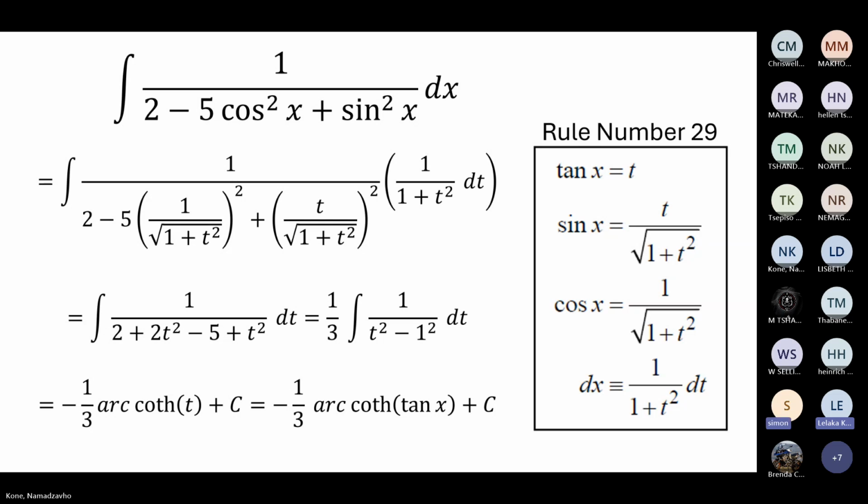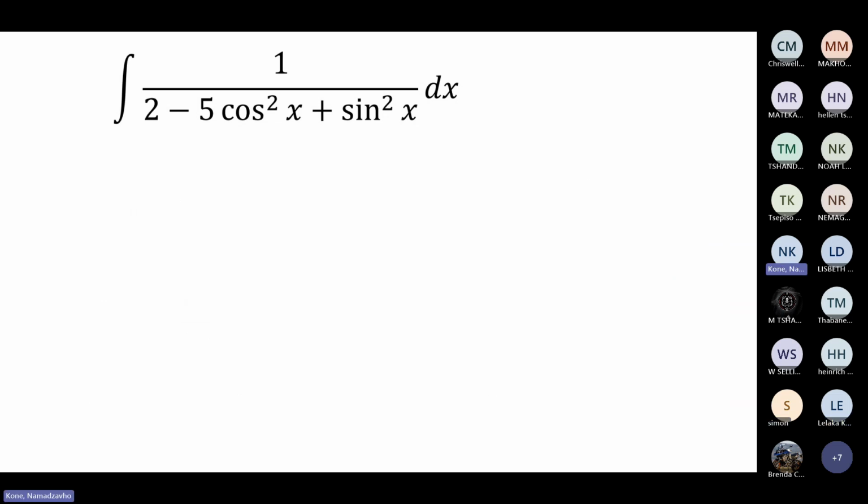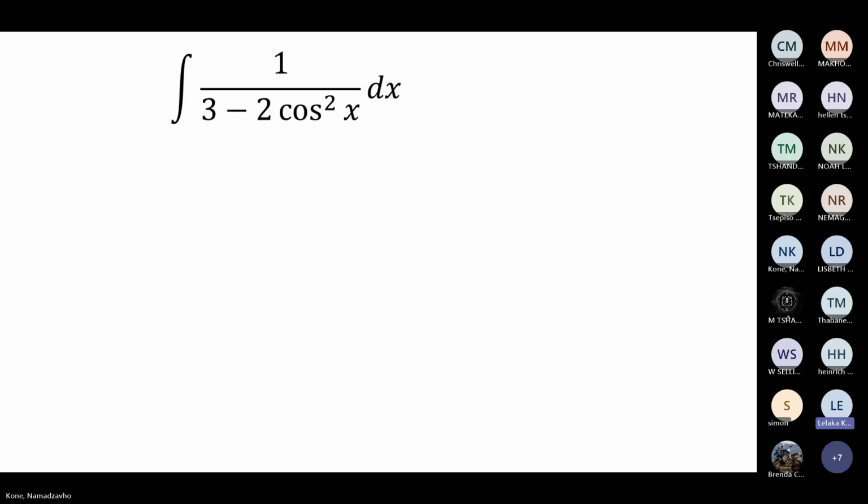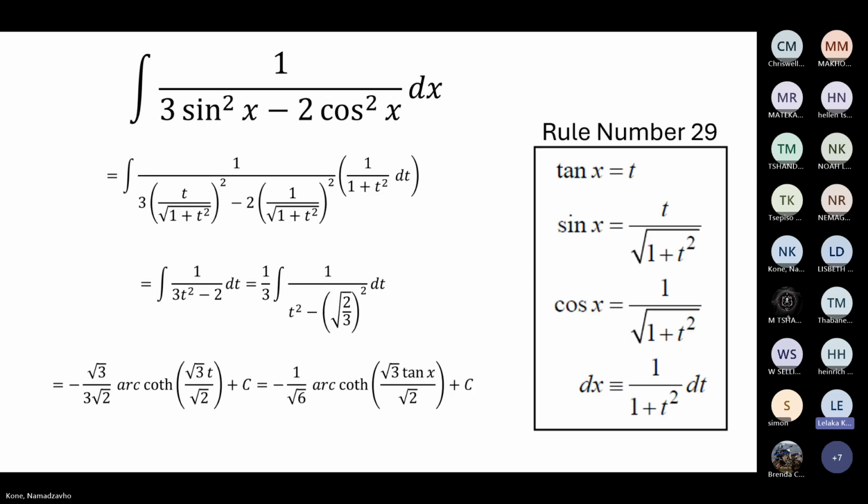I'm just curious to know what will happen. I think it is the second, if not the first example. Okay, let me go back. Yeah, this one. I'm just curious to know what happens if the coefficients of both sine and cos are the same, if I use this method.